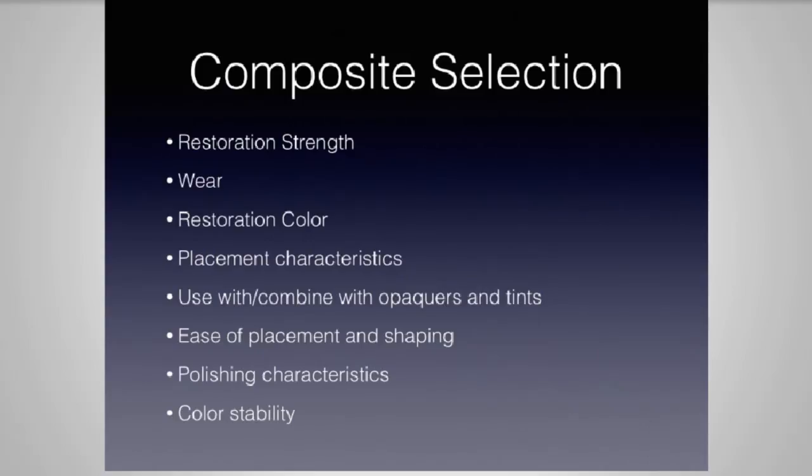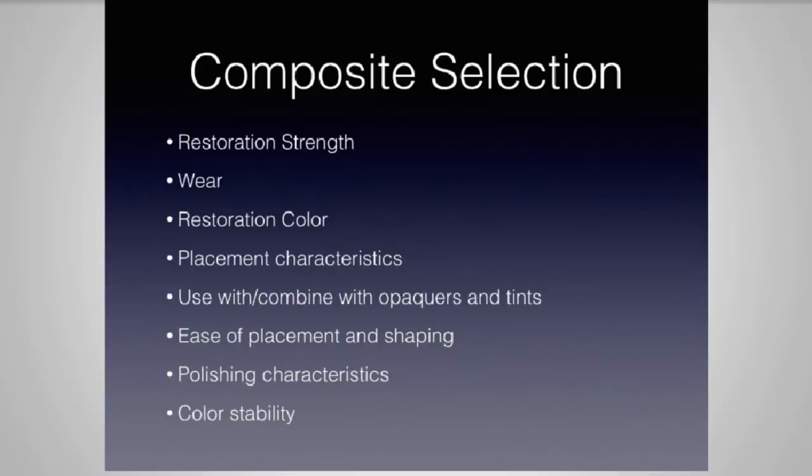Composite selection, of course, is going to be looking at several different things when you're placing or you're using it. You're going to look at the strength of the restoration, the wear pattern, the ability of the color to be true to the surrounding surfaces. Placement characteristics, is it sticky or tacky, or are you able to mold and sculpt it into the preparation nicely?